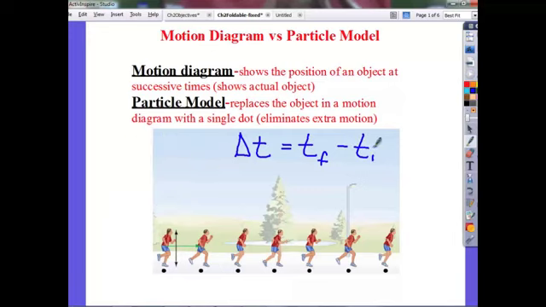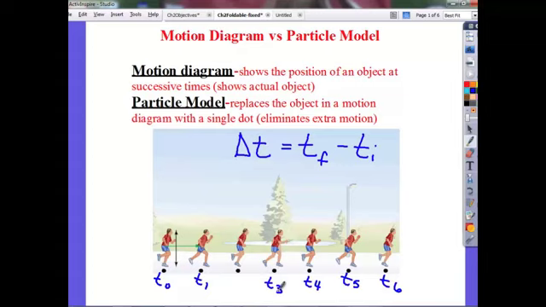So if we were to mark this runner, we would have a t0, a t1, a t2, t3, t4, t5, and t6. So we have 6 different time intervals for this object. In the equation final minus initial, that can be t6 minus t5 if we're analyzing that interval, and so on.